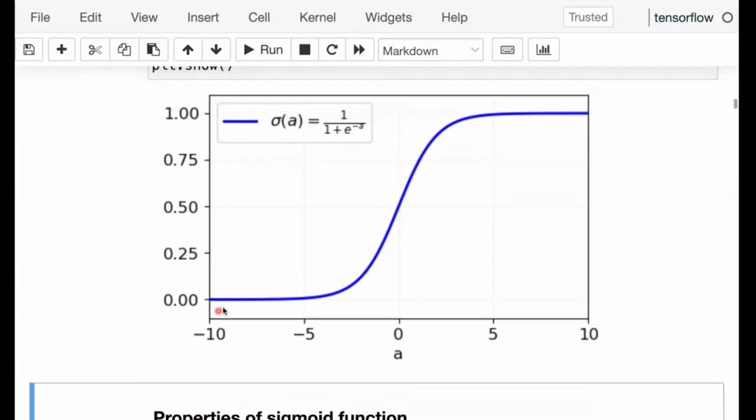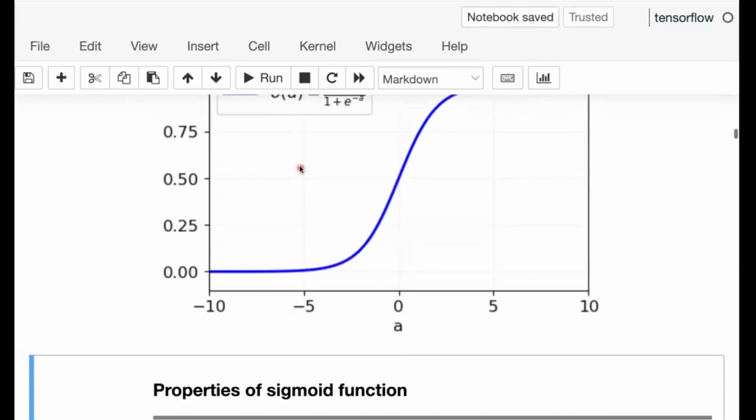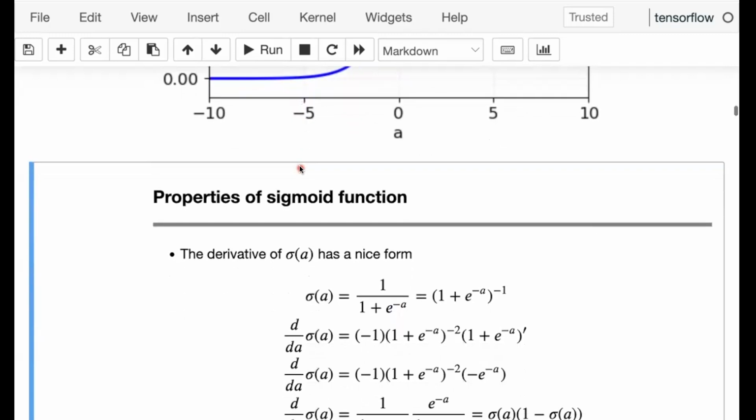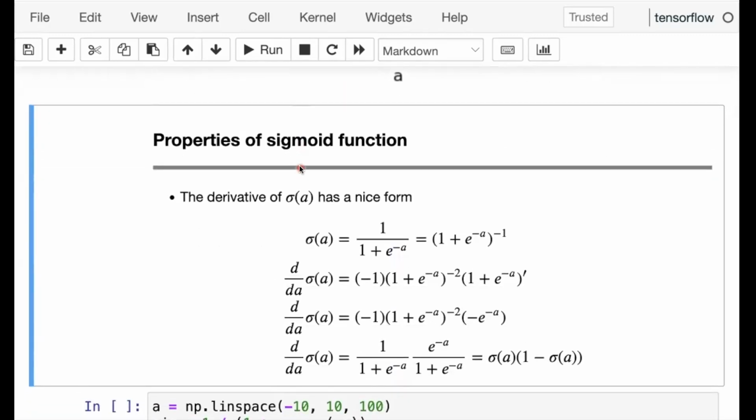Well, here you may say that there are many functions that can have this range from 0 to 1. So why is it so special about this logistic function? One very nice property of the logistic function is that its derivative, which is very important because we always work with derivatives and gradients in machine learning, has a very simple and nice form.